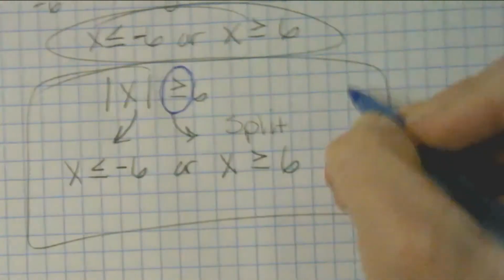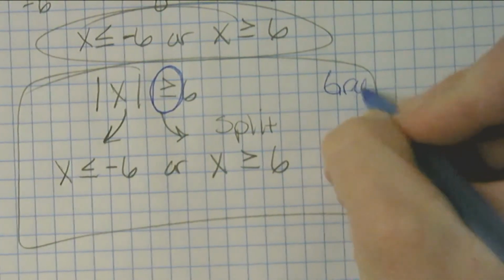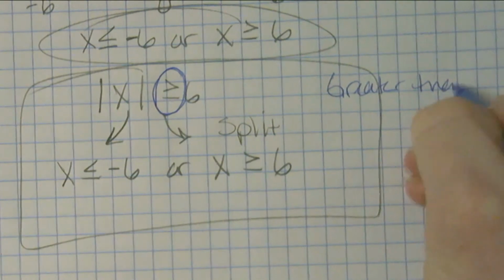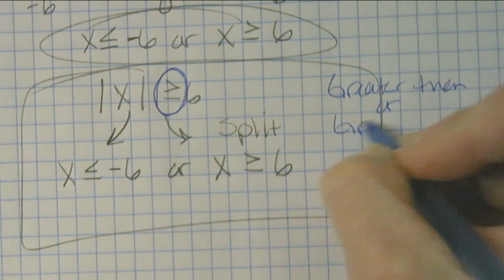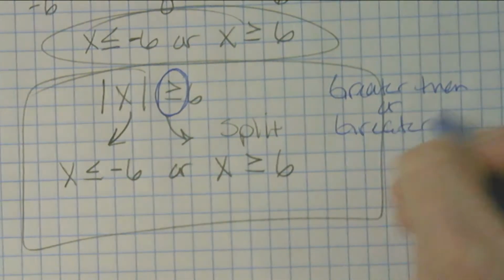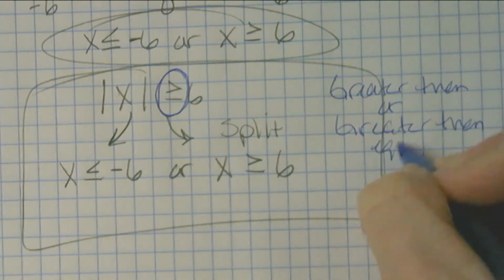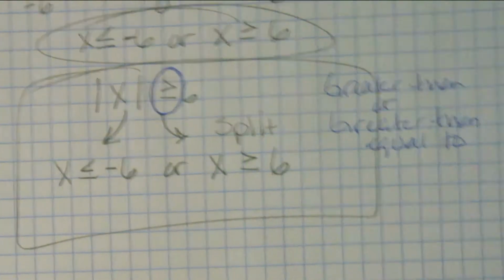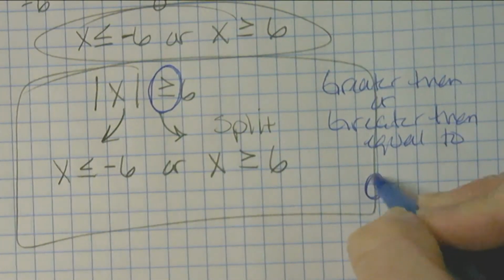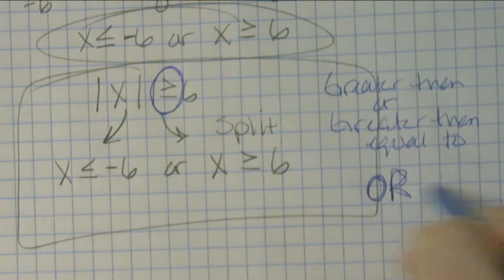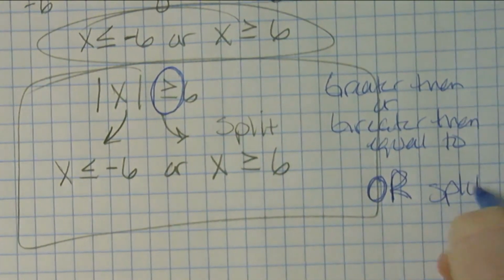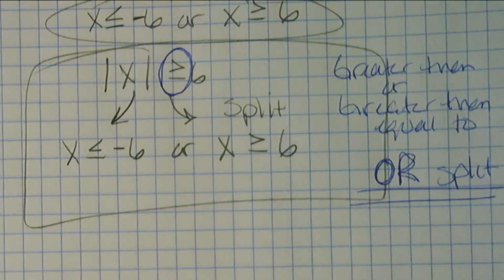All right, so when we have a greater than or greater than or equal to, this is considered an OR split. You're going to do an OR split when you have a greater than or equal to.